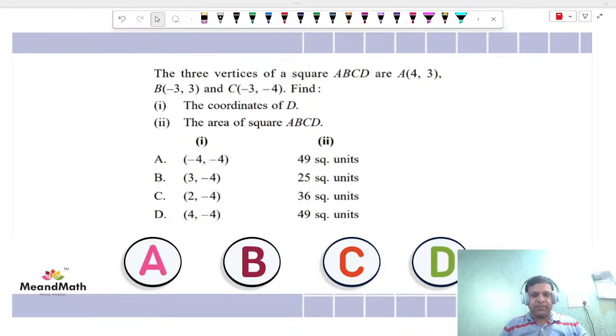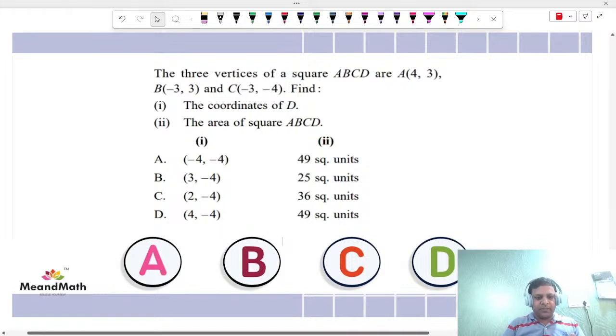Okay. So let's see who will give the answer.